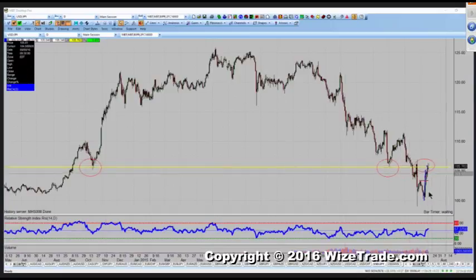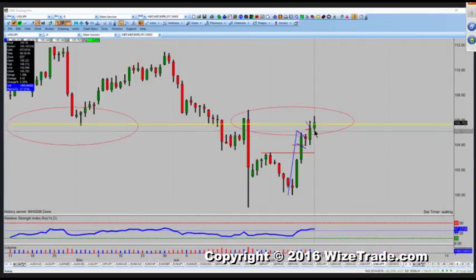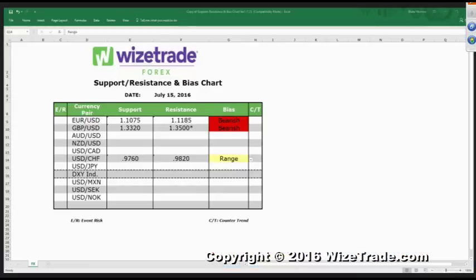I'm going to tell you right now, if we close below 105 today and we create some sort of hammer, or I'm sorry, shooting star today, or gravestone doji, if we close at our lows today, that is going to be a very bearish event for the dollar yen. I'm really just gonna write down 105 and 106.30, and I'm gonna see what happens by the end of the day.